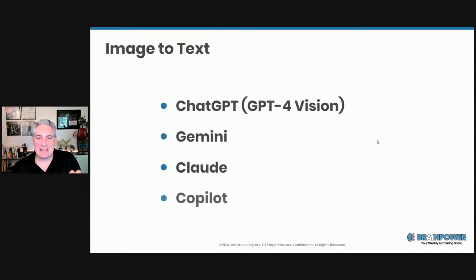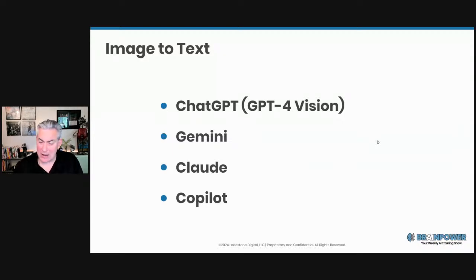Okay, the next one is going to be image to text. This involves vision AI, to where you upload an image and it's going to figure out, okay, so what exactly is in this image? And I need some type of description, or I need some type of processing occurring in here, right?